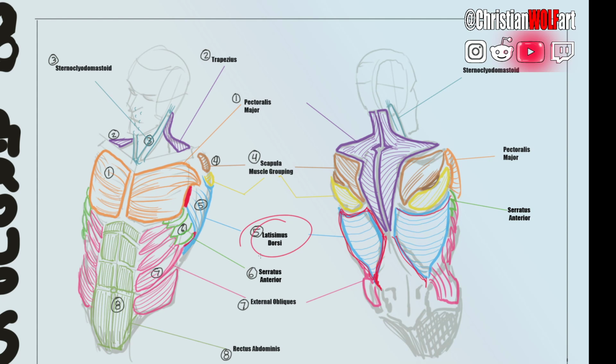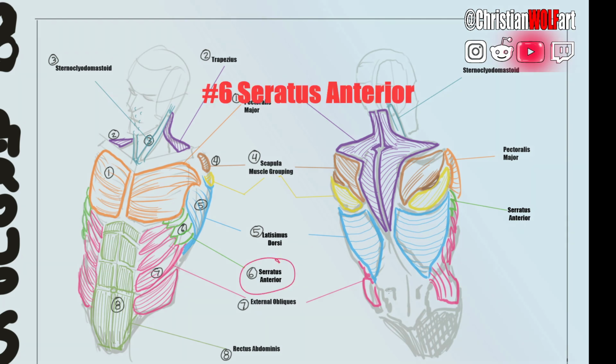All right. Now, this next part gets a little tricky, kind of like the scapula muscles. I did take the time to separate them because they do have separate names. So in green here, kind of zigzagging into the oblique area, is number 6, the serratus anterior, okay?